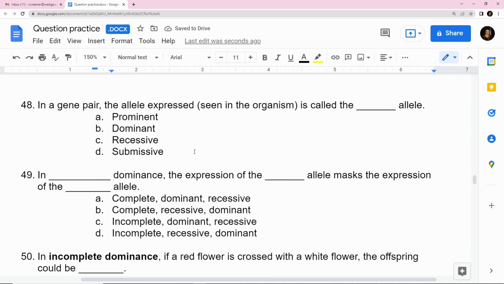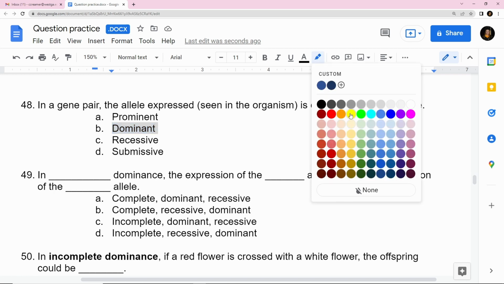In a gene pair, the allele expressed, seen in the organism, is called the blank allele. Prominent, dominant, recessive, submissive. If you said dominant, you would be correct.